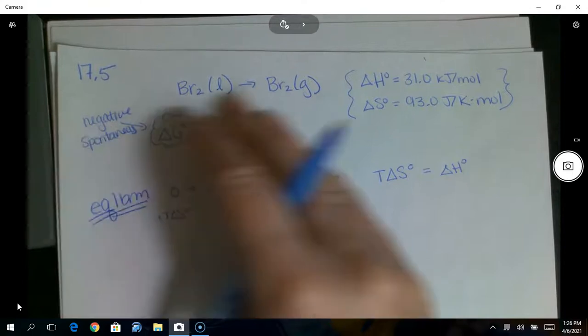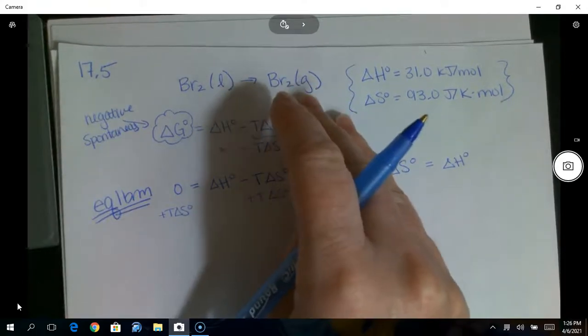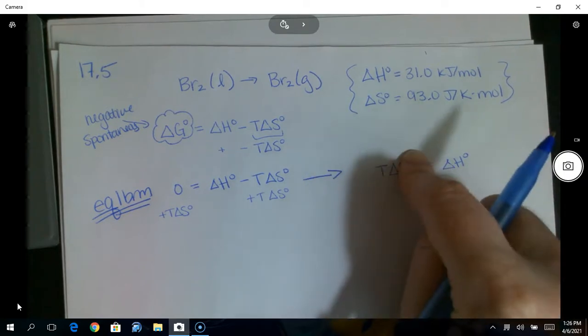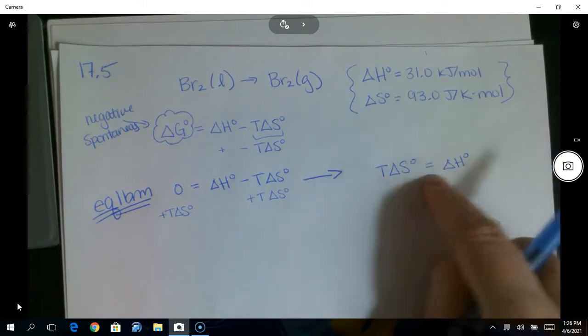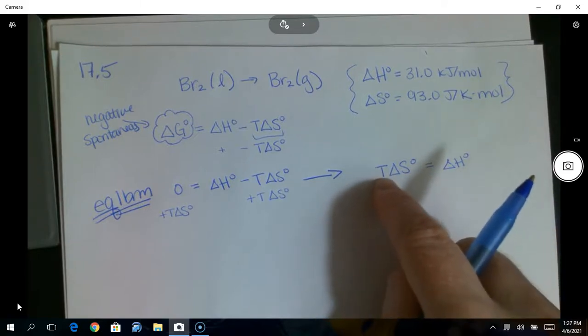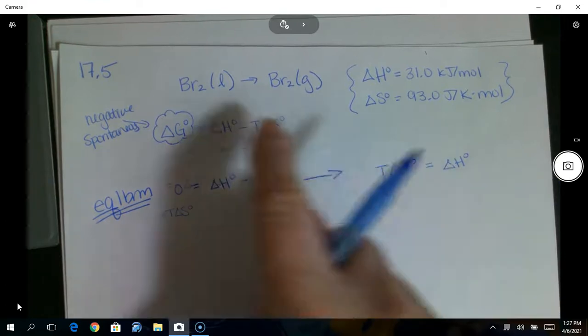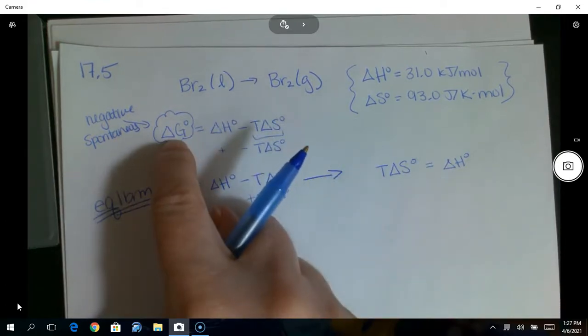But we want to know when it would spontaneously all go to the gaseous state. So it's going to be whatever temperature is slightly higher than that. This would create the equilibrium, and any temperature higher than that would favor making delta G negative.